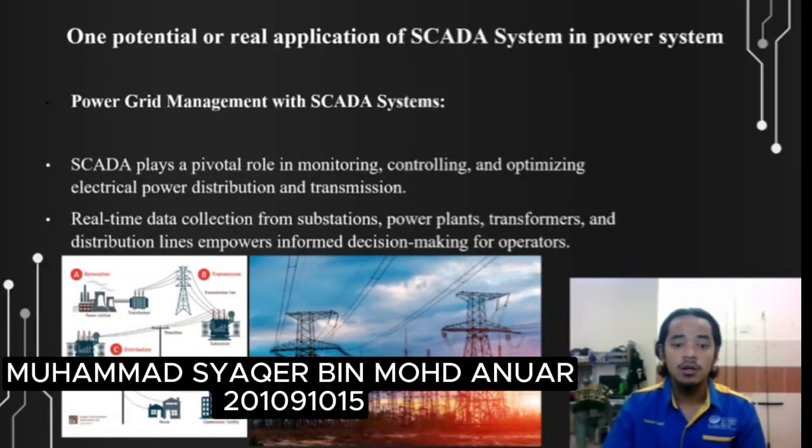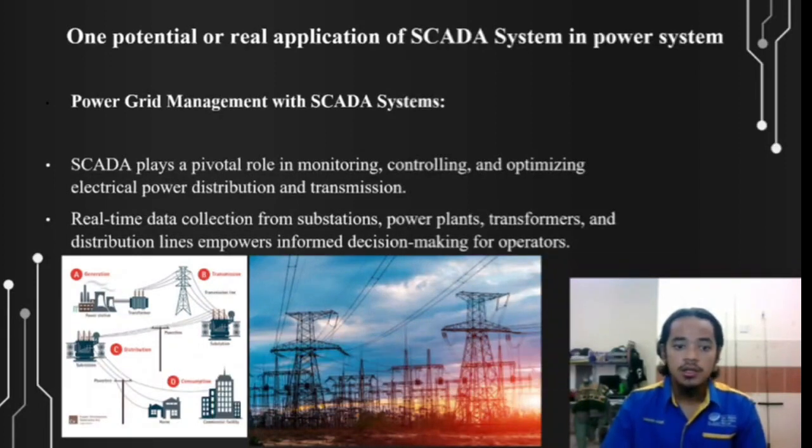One potential or real application of SCADA system in power system is power grid management. The SCADA system in power grid management plays a pivotal role in monitoring, controlling, and optimizing electrical power distribution and transmission.